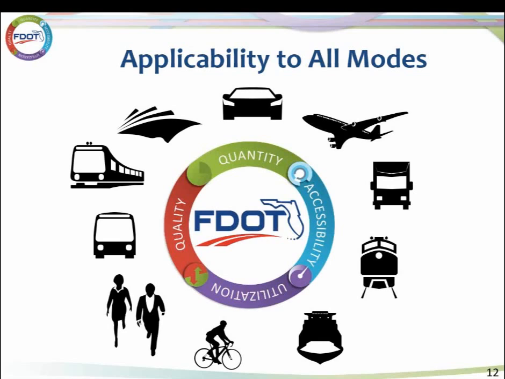Similarly on transit, how many people are using the transit mode? How good is the quality of service provided? How many buses or other transit modes are available to the users? Can travelers get to where they want to go? And what are the load factors for the transit mode?